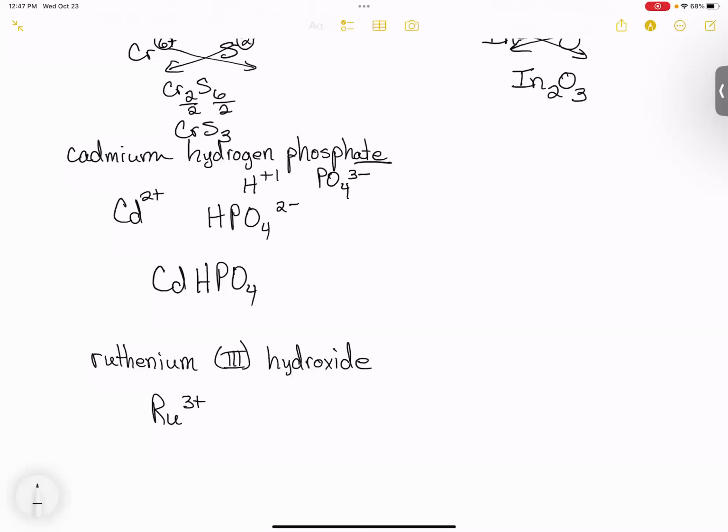Hydroxide is one of the few ides that is not an element. Its formula is OH-1. So we cross, drop, and simplify. So it'd be ruthenium, open parentheses, OH, close parentheses, 3.